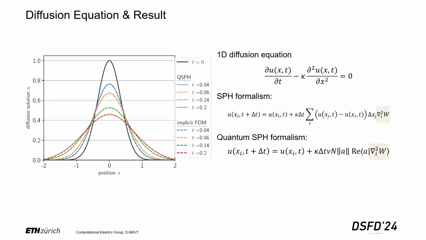As time goes on, the graph grows shorter and wider. The graphs have different colors, which represent the different time steps. And the graphs for the solid line are from the quantum algorithm. The dashed lines are the classical solutions, and you can see that they are all in good agreement.